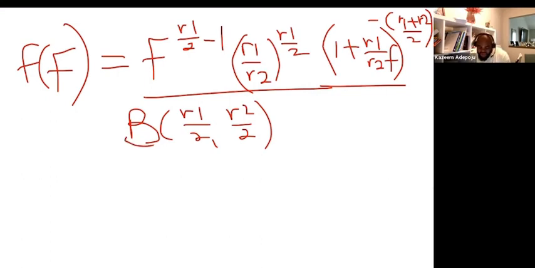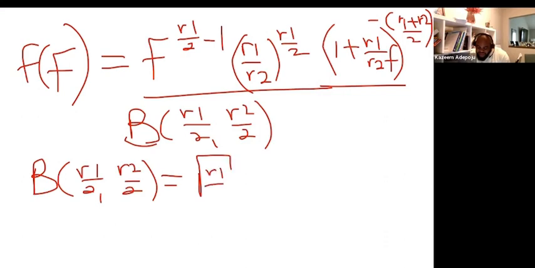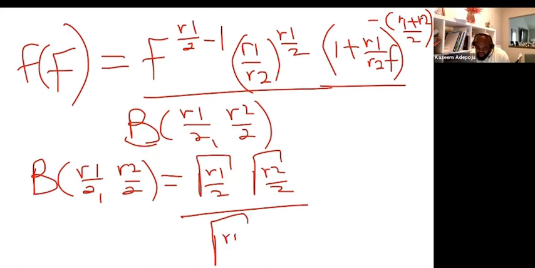And don't forget, the denominator, the non-integral derivation, is this here, divided by r1 plus r2 over 2. So that is how we derive the F distribution that we use to figure out the p-value if you want to make a decision when you run the analysis of variance test.